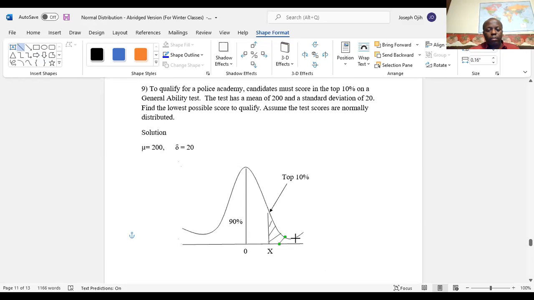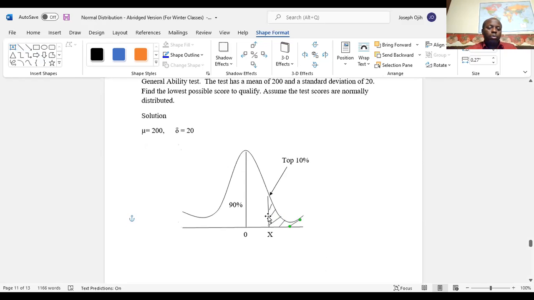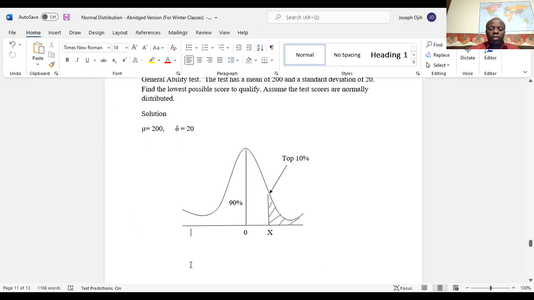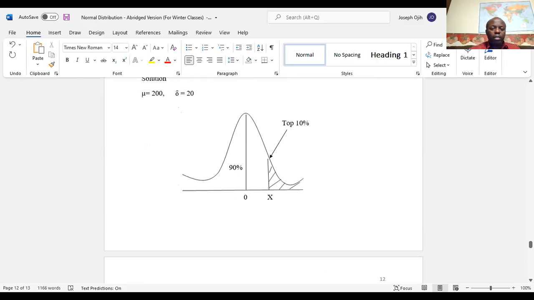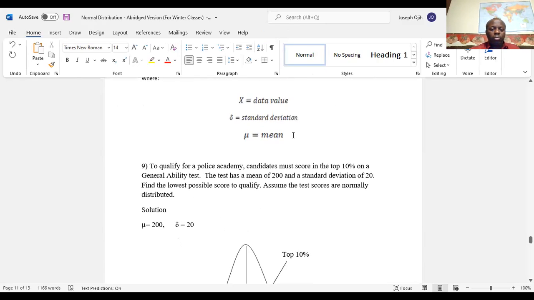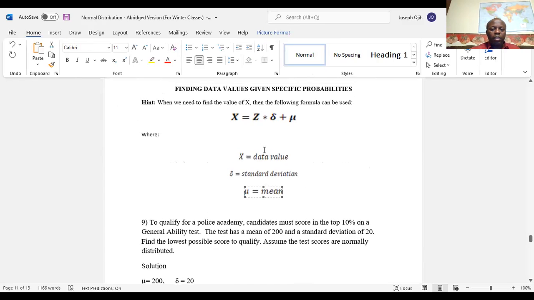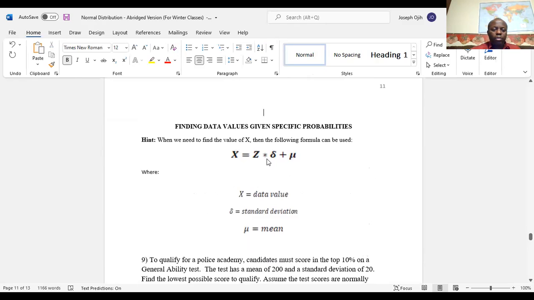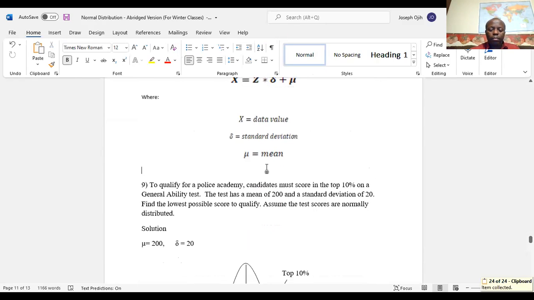So top 10%. Z will be, because it's on the tail, to get your Z, maybe I should move this down, because we don't have enough room here. So now I move it down.